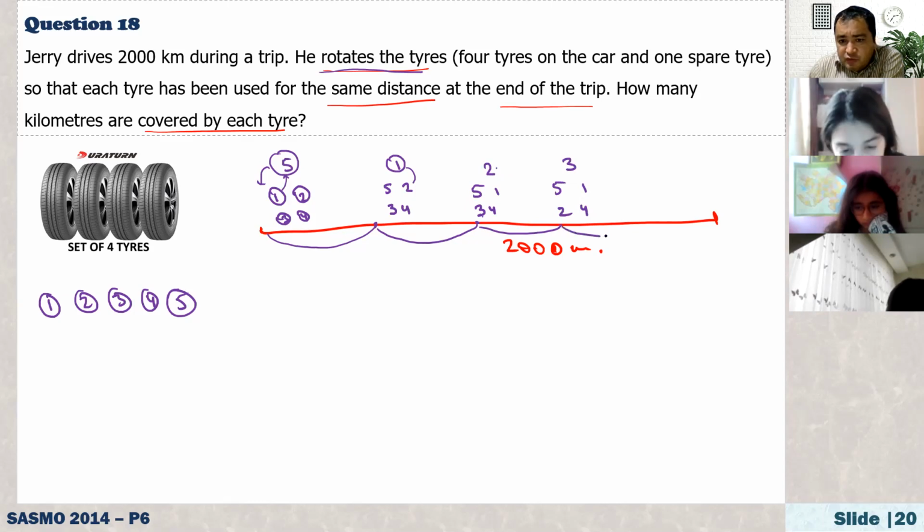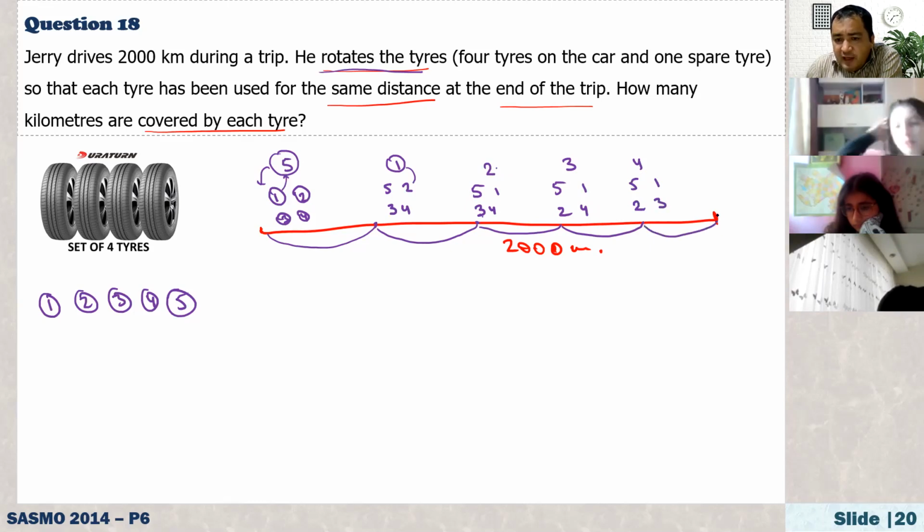I will travel a little bit again. Now I will change the last tire, so 4 will be the spare tire, and here we have 5, 1, 2, 3. After that I travel some more, and I arrive at my destination. When I arrive, I don't have to change the tires anymore.